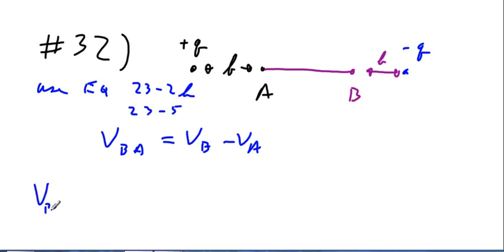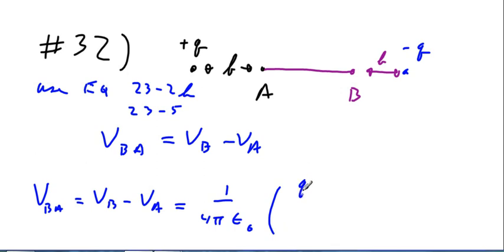So voltage B to A, voltage B minus voltage A, is going to be 1 over 4 pi epsilon naught Q over D minus b, minus 1 over 4 pi epsilon naught, somehow I don't think these parentheses are in the right spot.